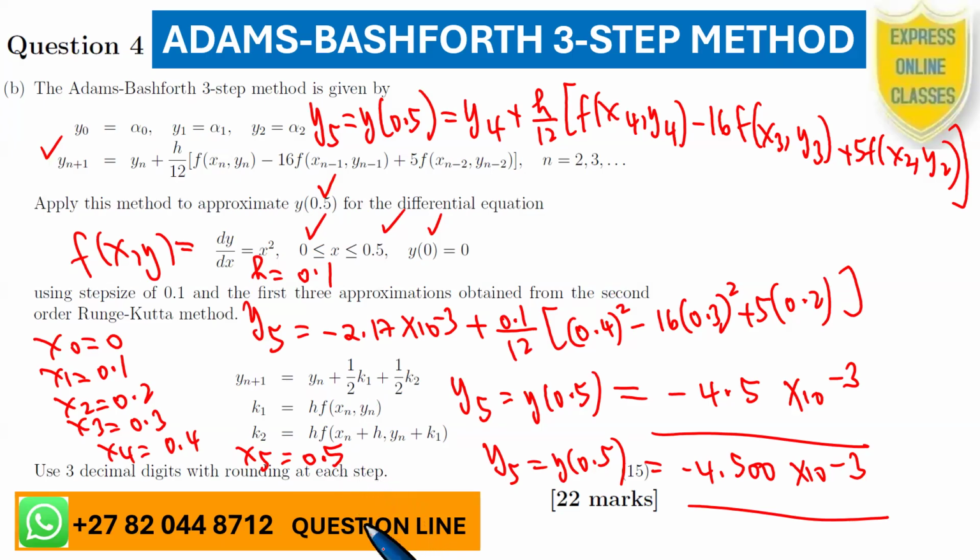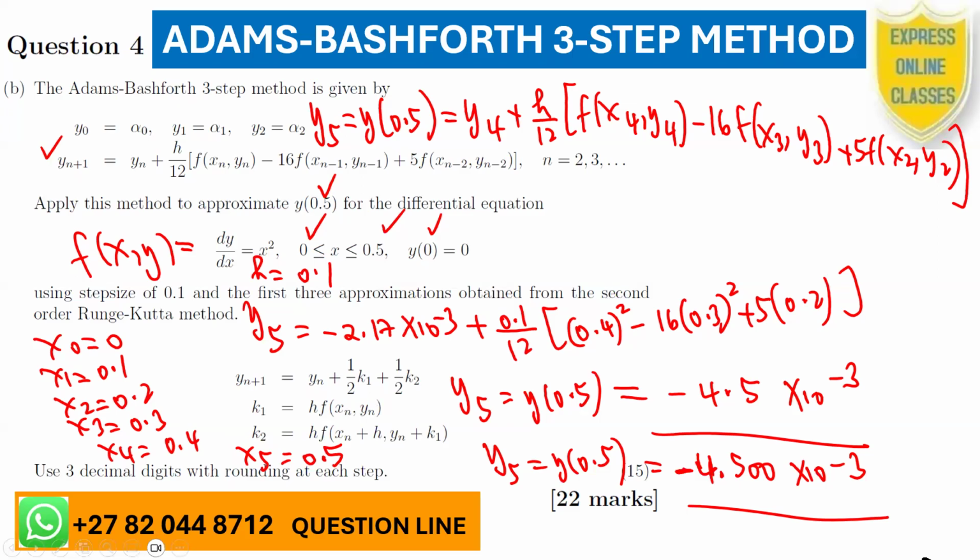We continue then with our analysis of this. In other words, we've been able to approximate, because this question was to apply this method to approximate y at 0.5. Y at 0.5 is y sub 5, which is minus 4.5 times 10 to the minus 3.